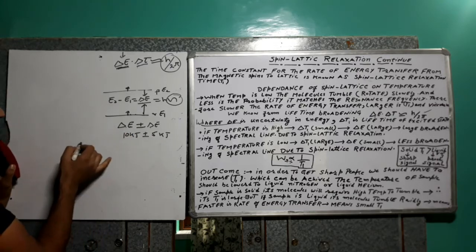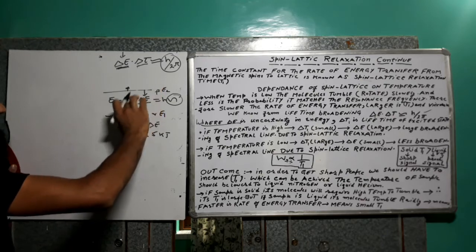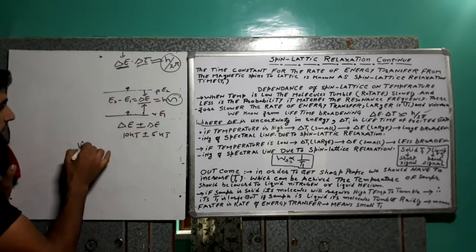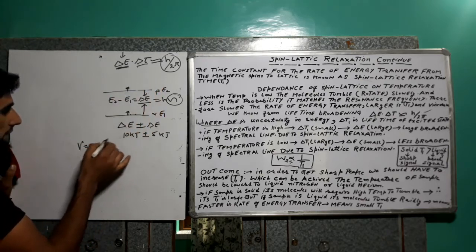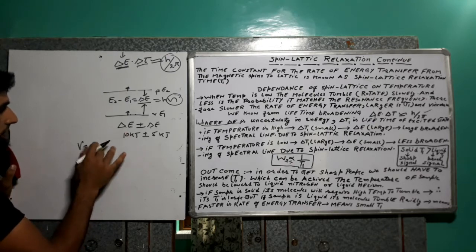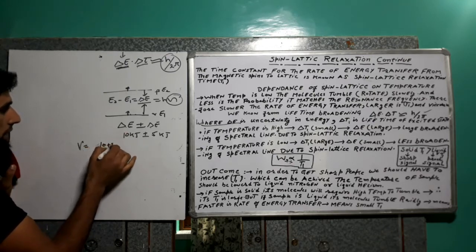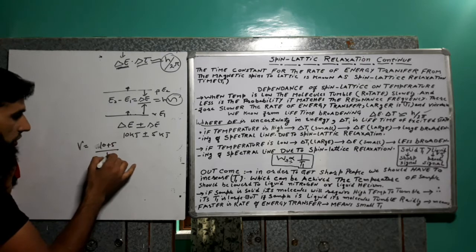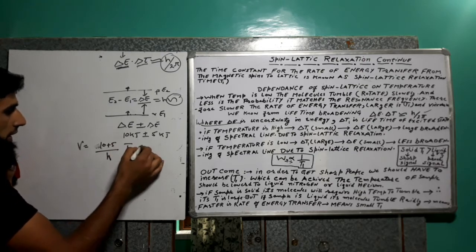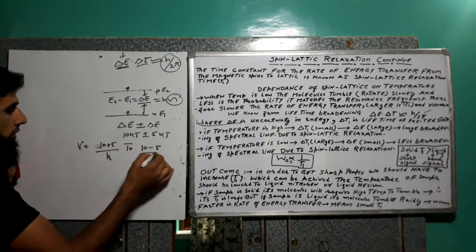So the frequency the sample can absorb is ν equal to (10 plus 5) divided by h to (10 minus 5) divided by h.